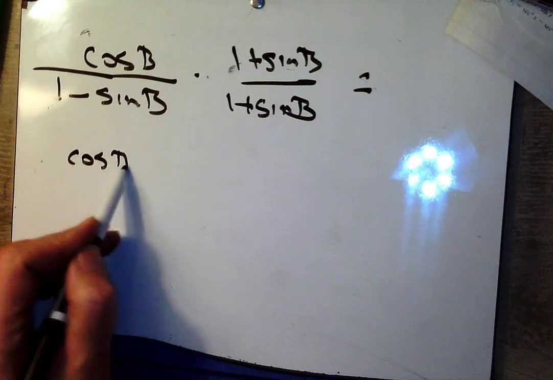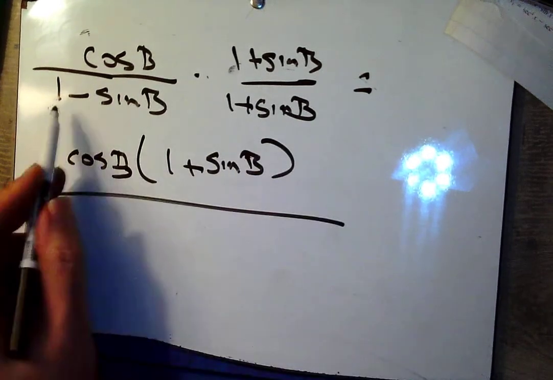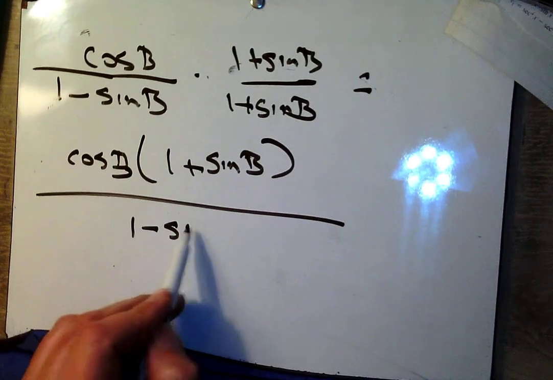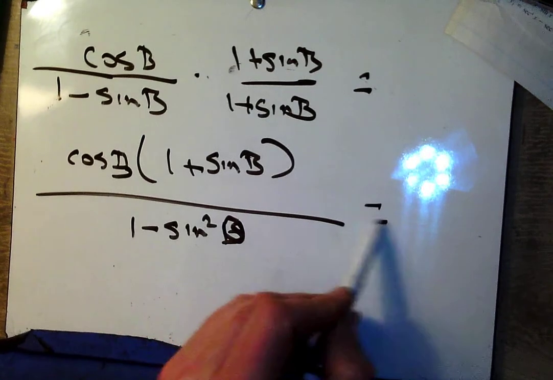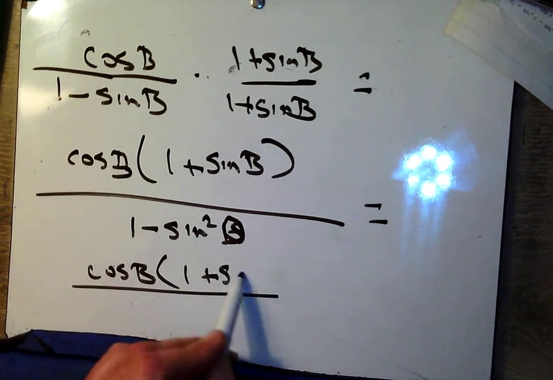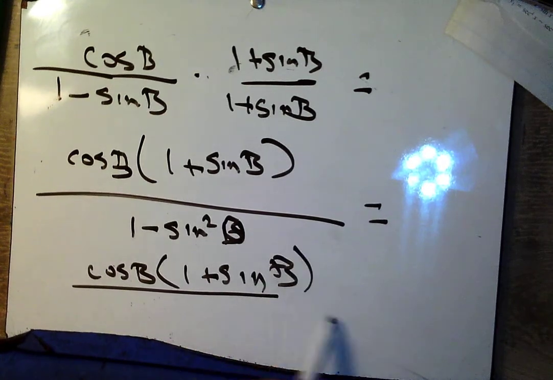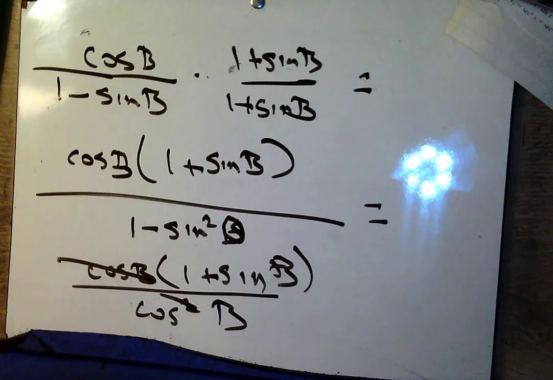So we've got cosine beta, resist the temptation to distribute. On the bottom, we FOIL, we get 1 minus sine squared beta. What's 1 minus sine squared? Yeah, that's cosine squared. Cosine beta, 1 plus sine beta over cosine squared beta. Look, cancel, cancel.